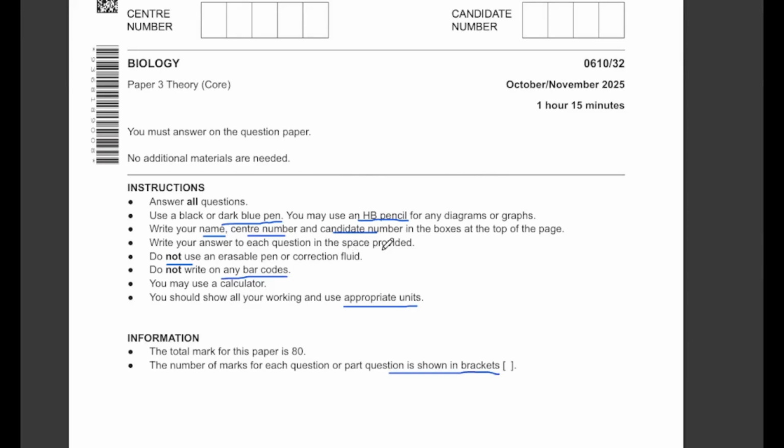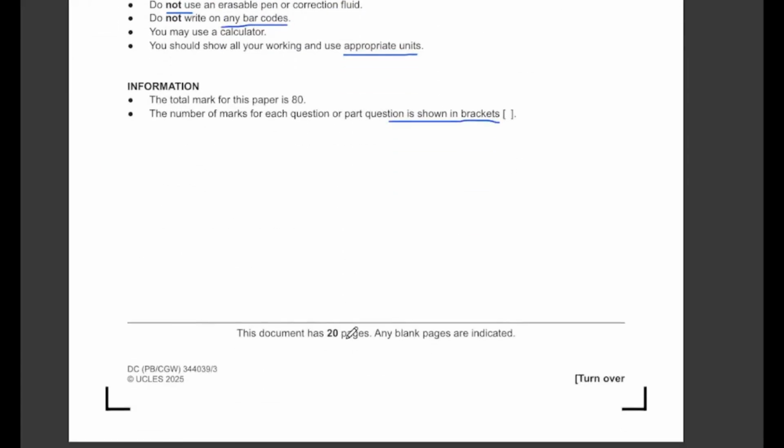You can use the rough page also, but do mention the question number and that you're continuing the answer from the particular page. Do not use correction fluid or whitener. Do not write anything on the barcode. You can use the calculator, but please mention the units after your calculation. Show your calculation, because even writing the formulas carries 1 mark. The paper is for 80 marks, and let's move to question number 4.